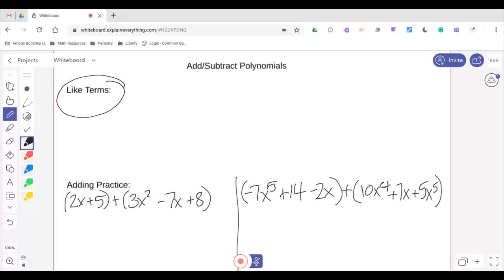Like terms in a polynomial have to have the same variable and exponent.